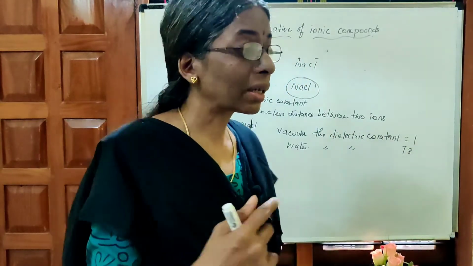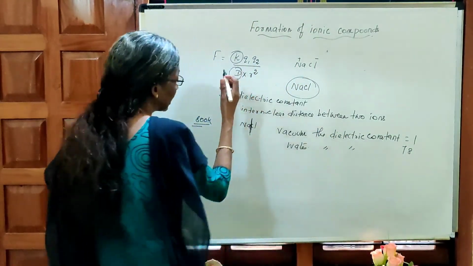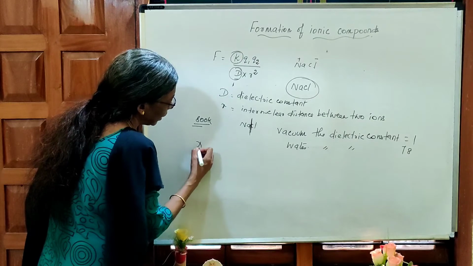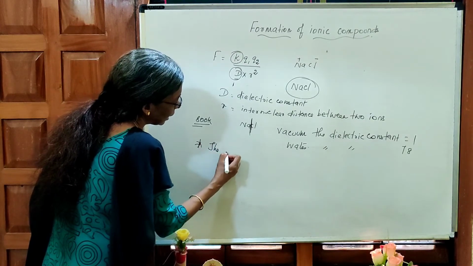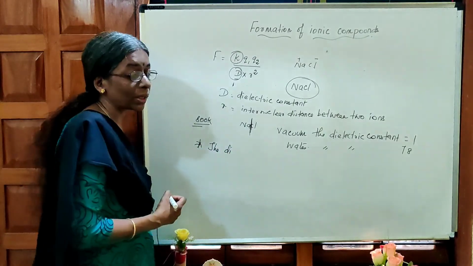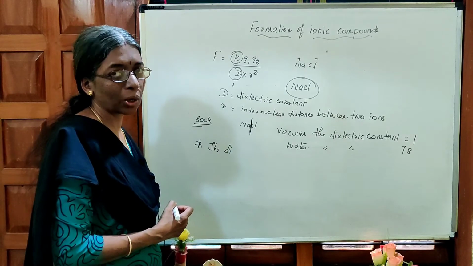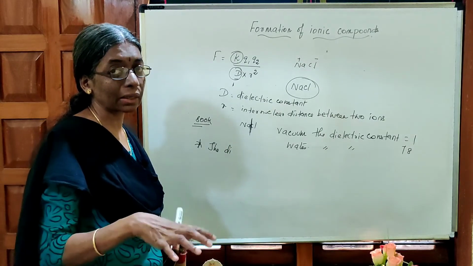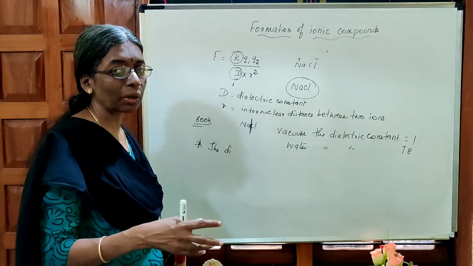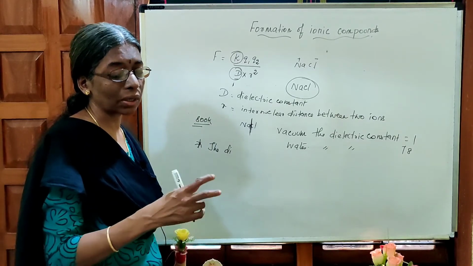A very important point: we already know water is a good solvent because it has a high boiling point, melting point, and density. As a result, we normally use water as a solvent.